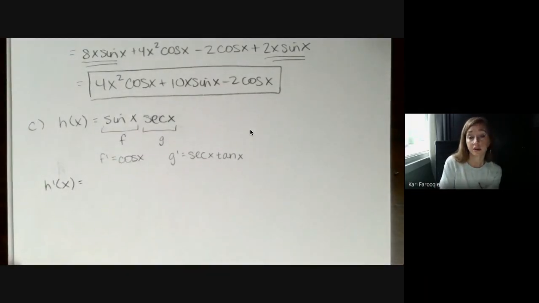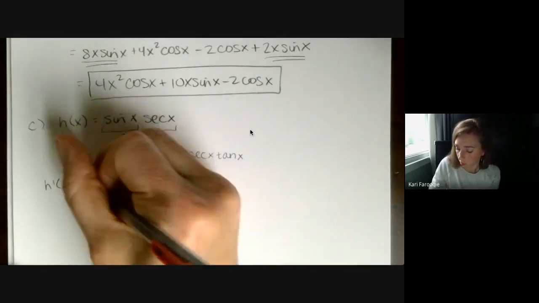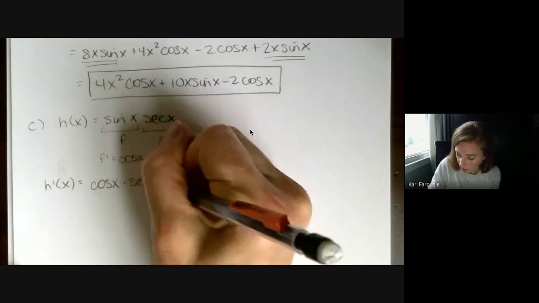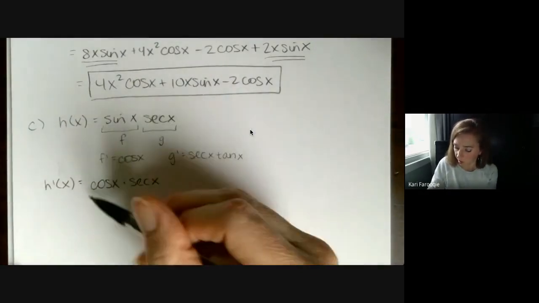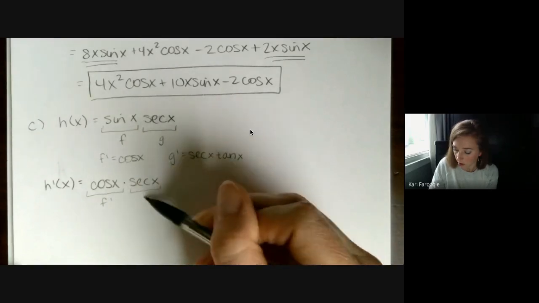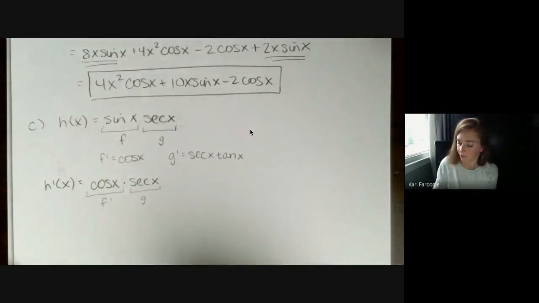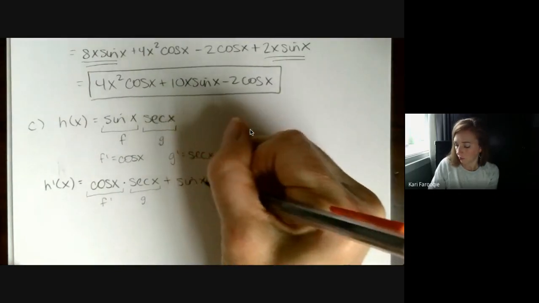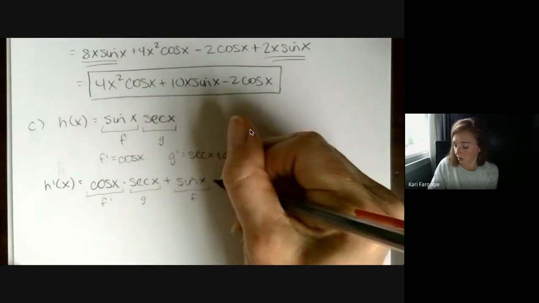All right, so we're going to take f prime g, so cosine of x times the secant of x. And if you're wondering whether this could be a place where we would simplify later, yes, absolutely. f prime g plus f times g prime.